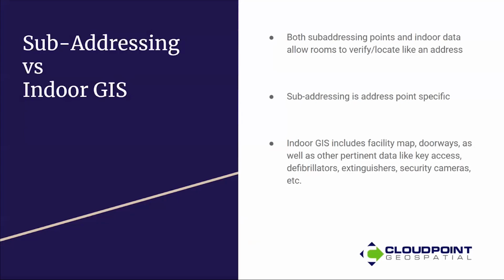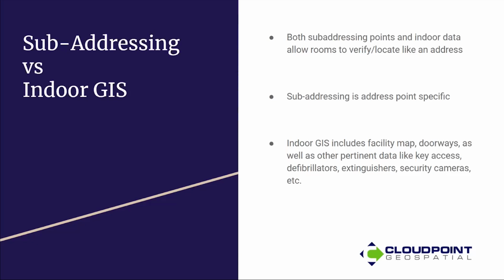So not only do we have sub-address information that is located at address point specific data, now we're able to expand that information to include facility maps. So we're talking about building outlines, hallways, doorways, as well as other pertinent data like key access points, defibrillators, extinguishers, all of that additional data that may be useful for responders.